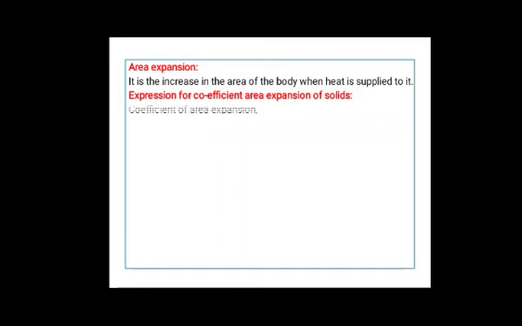Okay. Now let us take the next one, that is area expansion. Area expansion is nothing but the increase in area of the body when heat is supplied to it. Similarly, we can write the expression for the coefficient of area expansion, represented by the letter beta. So beta is equal to A2 minus A1 divided by A1 into T2 minus T1.